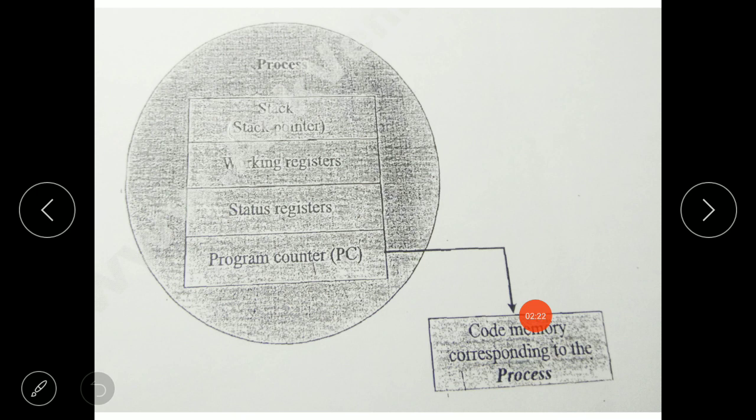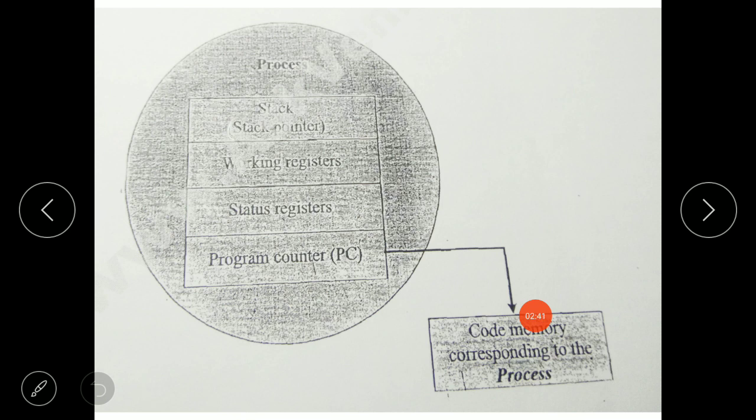Now moving on to the process. Basically a program or part of the program which is in execution is called a process, and the terms task, job and process all refer to the same entity in the operating system. This is the structure of a process.